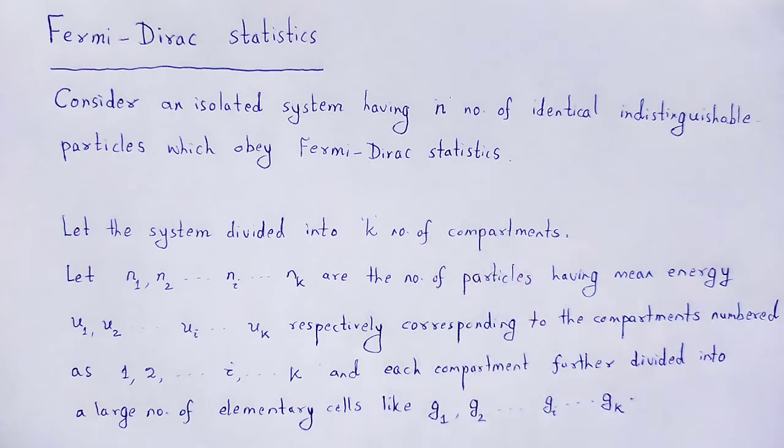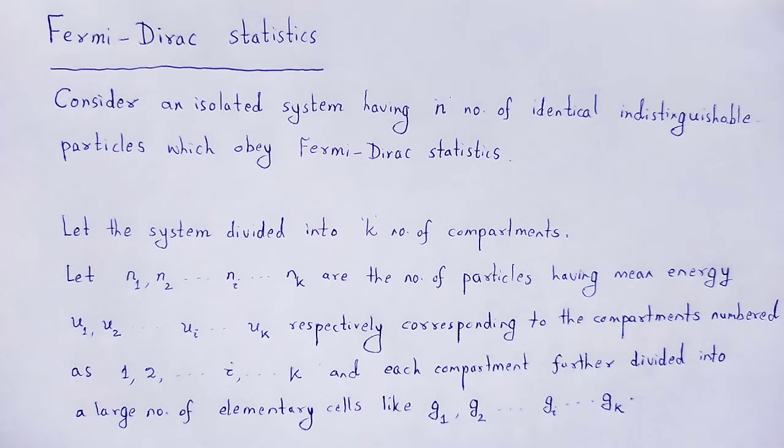The fermions have spin that is an odd integral multiple of a half, meaning it is either 1/2, 3/2, 5/2 like this.